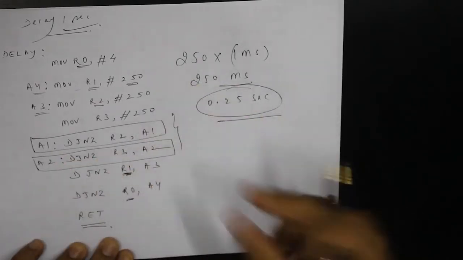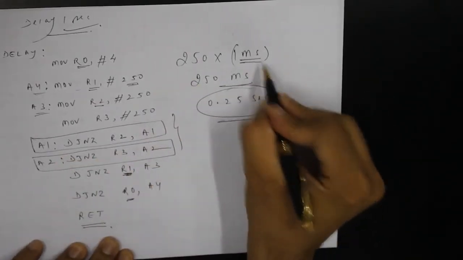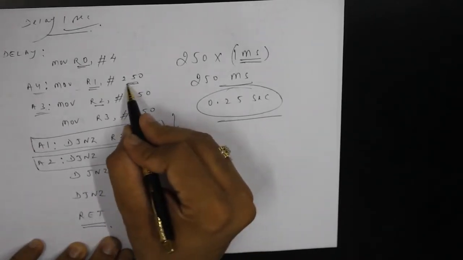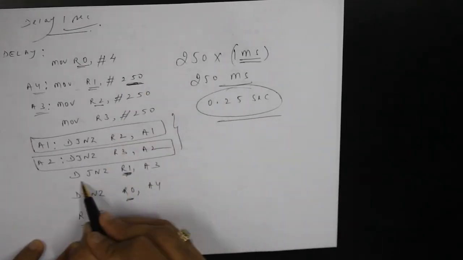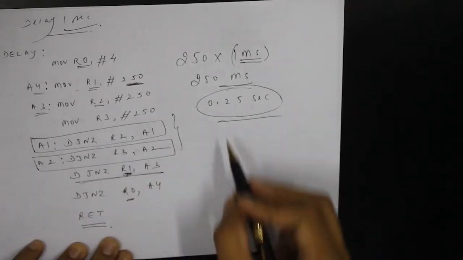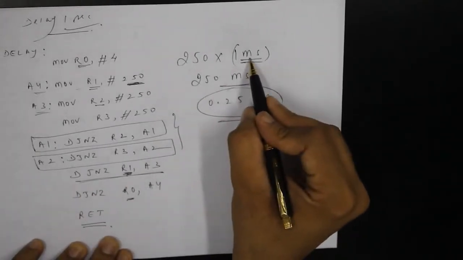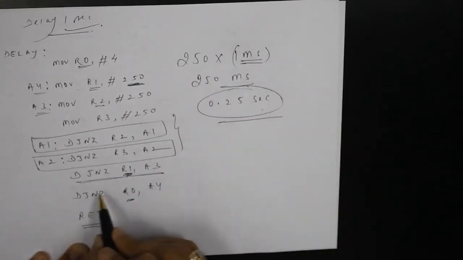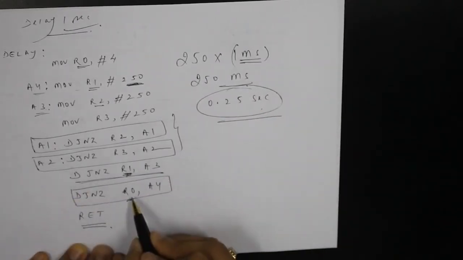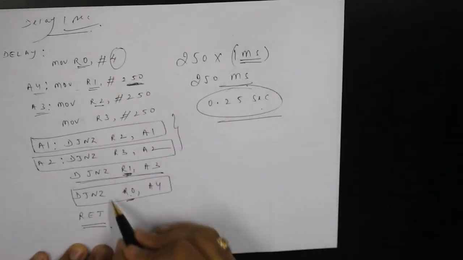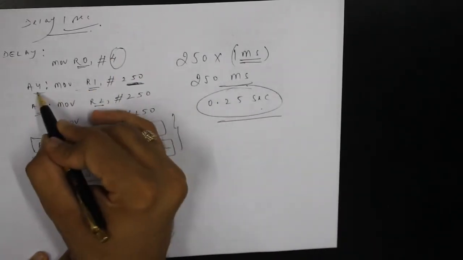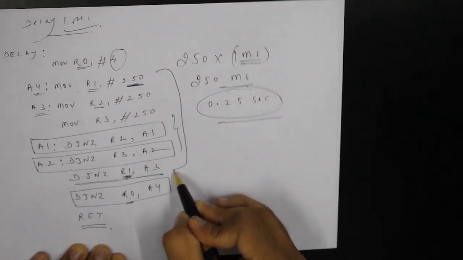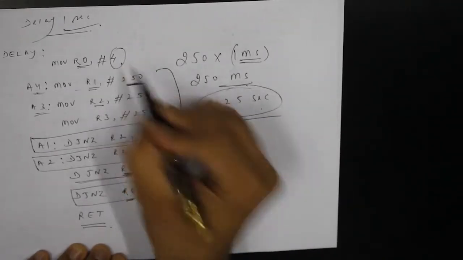So this part was giving you 1 millisecond. The count value in R1 is 250. So this loop, because of this instruction, is repeating 250 times. So you will have 250 times 1 millisecond, 250 milliseconds, which is 0.25 seconds. Now when you see this instruction, the R0 value was 4. So this entire loop, starting from this point to this point, is repeating how many times? 4 times.